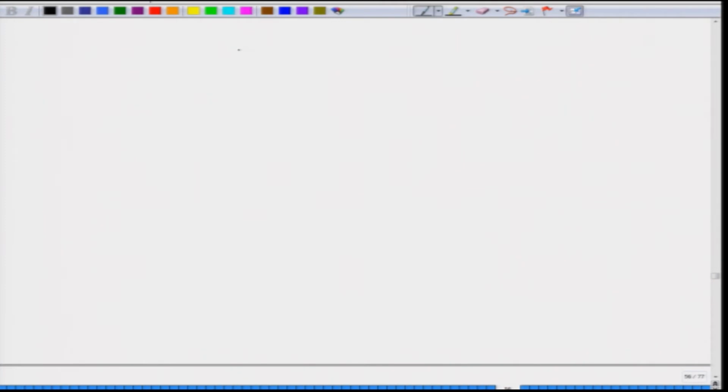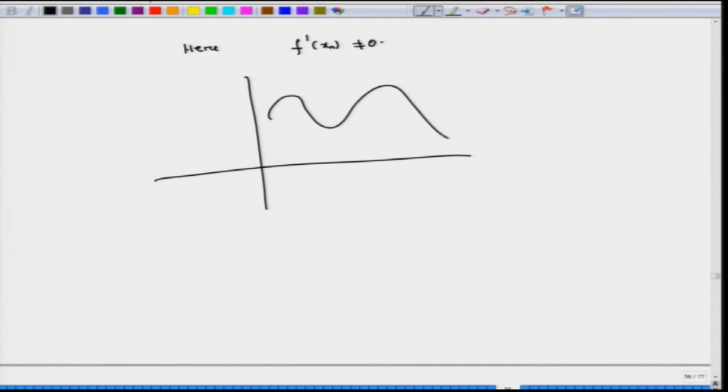Before working out some example, let us see a certain remark. Here we always assume that f prime of x n is not equal to 0. Now, let us see what happens when it is close to 0. We are interested in finding the root of y equal to f of x.